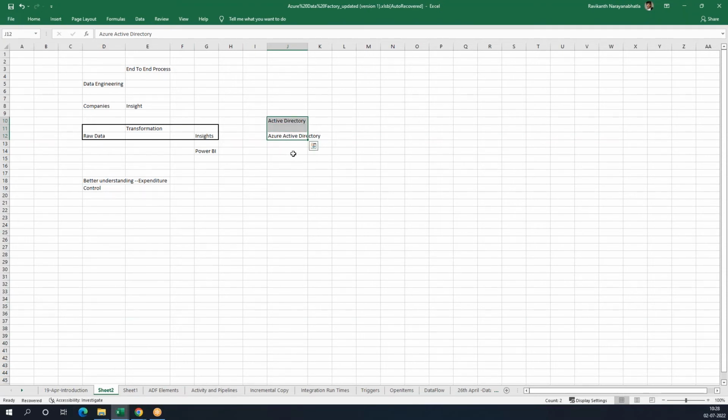And remember why I'm telling you this. This is not public. That means you are having your own Azure Active Directory. That means your company will have its own VNet. Okay, that means it will have its own networking area where nobody else can come and do any kind of intrusion.